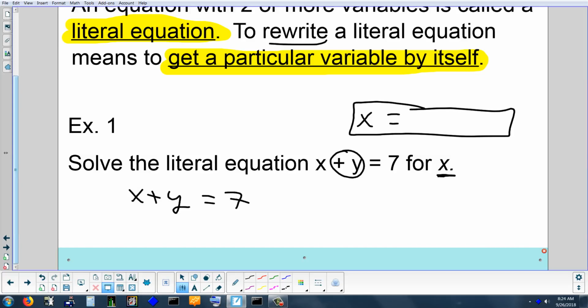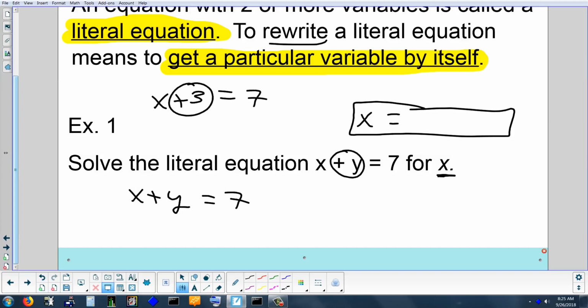So we've got x plus y equals 7. How would I move a positive y to the other side? It would be exactly the same step as if it was this: how would you move positive 3 to the other side? The only difference is instead of saying do this to 3, you're going to say do this to y.